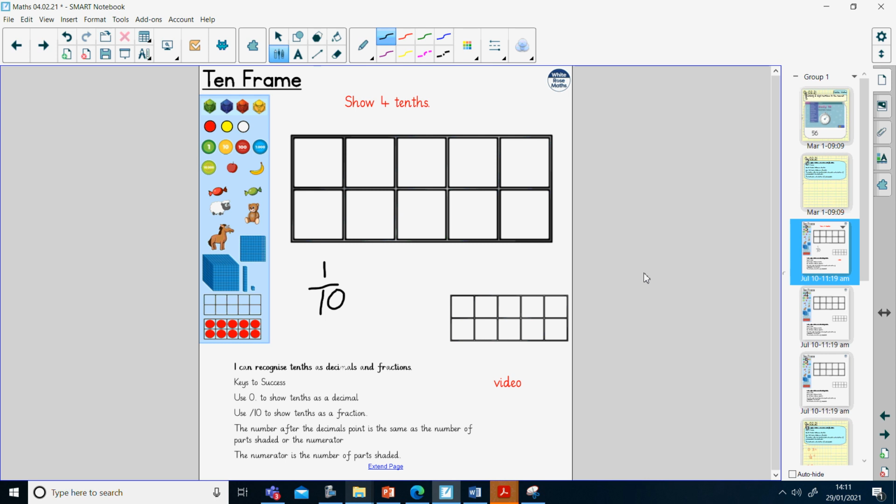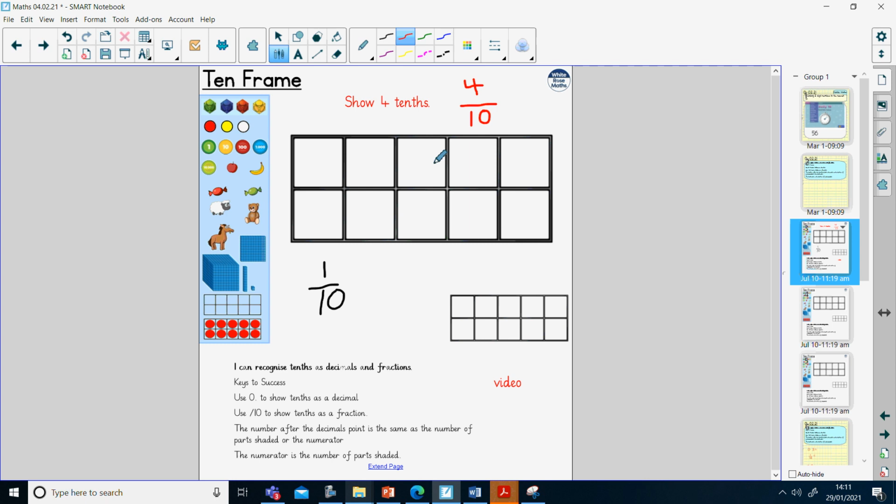So we're going to shade 4/10 to start with. So the question here tells me that I'm going to shade 4/10. That looks like this. 4 parts out of 10.